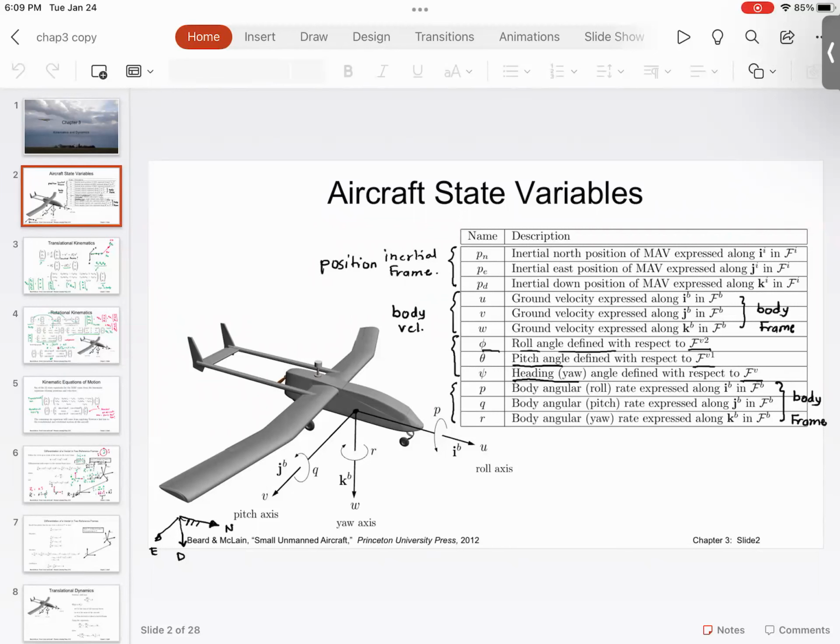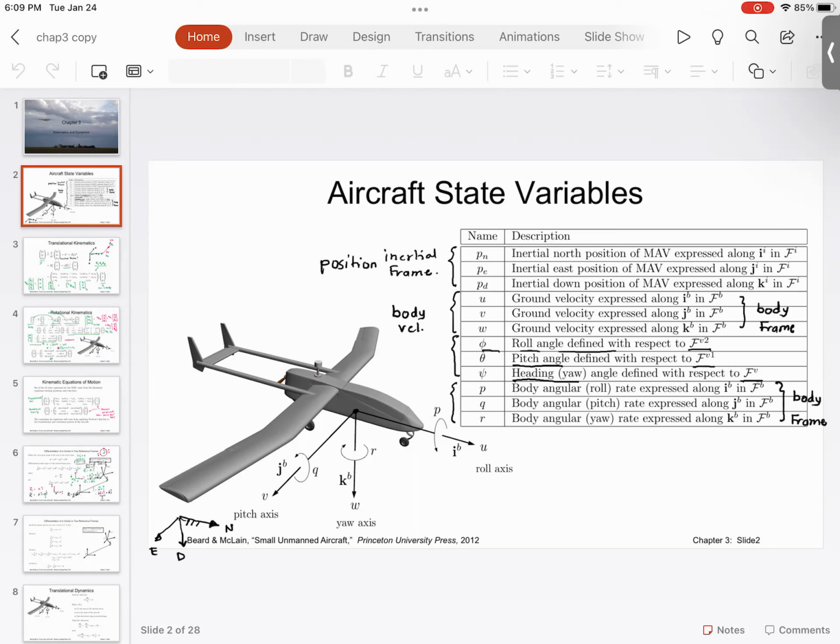At the end, once we get to the body frame, please try to understand, even though the aircraft is going in a certain direction, the air might be coming at a different angle. The orientation would be different. So the velocity of the air impinging on the aircraft will be at a certain angle.